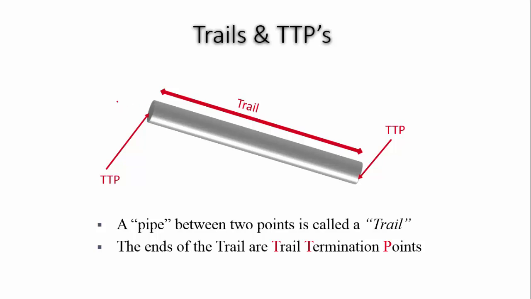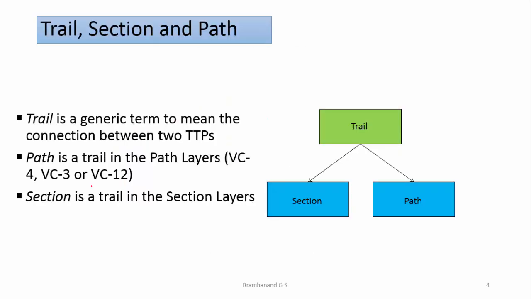Suppose I'm feeding some data here and I want to take out the data here, then I put the data in a pipe. This pipe between 2 points is called the trail, and the endpoints of this trail are called TTPs, trail termination points.